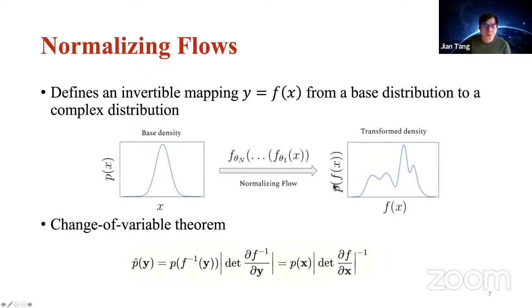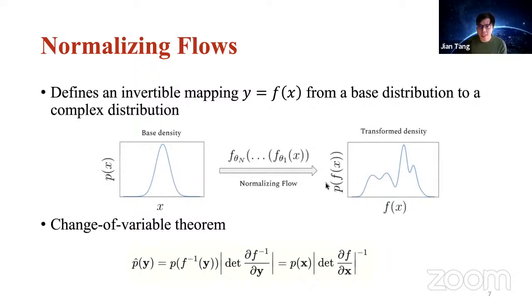And then we define an invertible mapping between the base distribution and the complex distribution with multiple transformation functions f, right? Each transformation function f_theta can be implemented with a neural network.